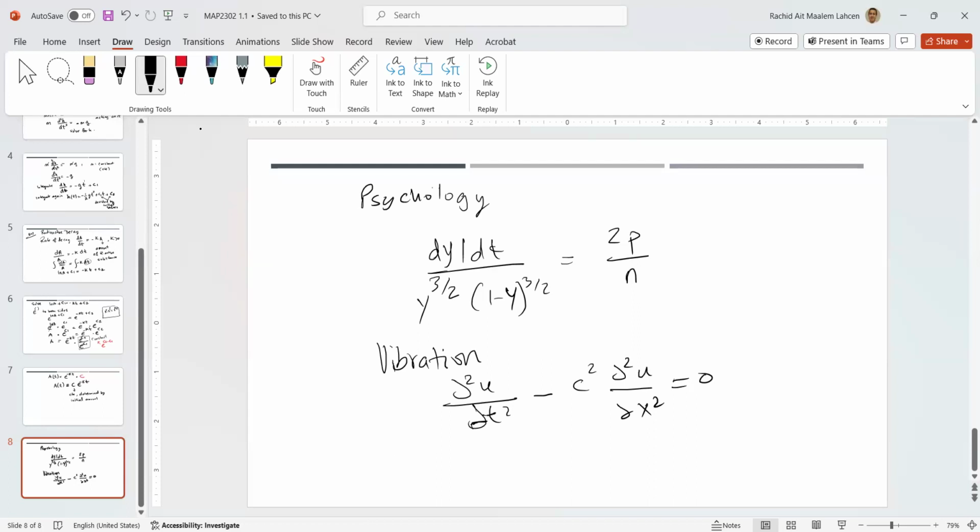U is the displacement of that string, and as you see here, it is a function of time and location.